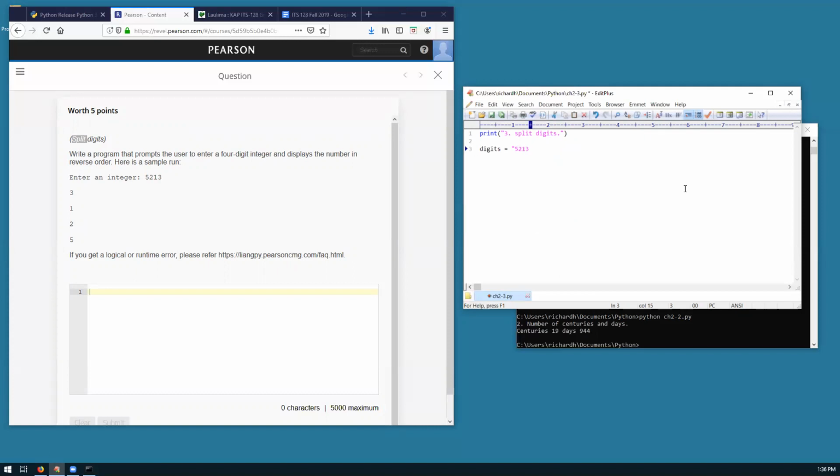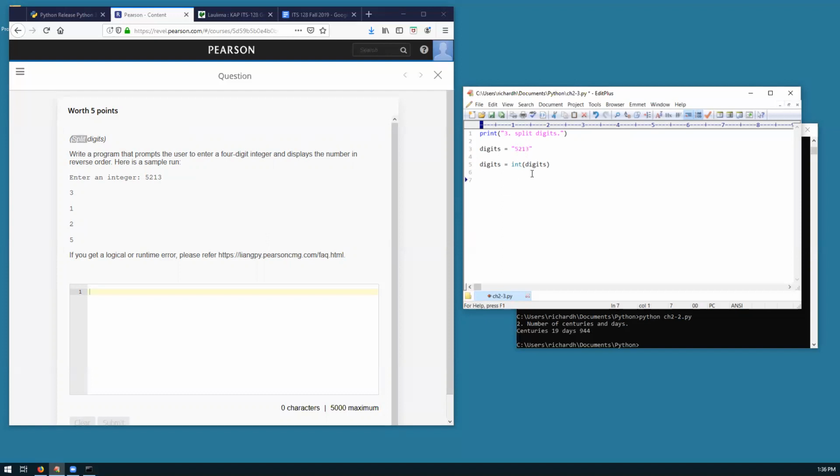That's how it looks when it comes in. And so I need to change that to a number. So I'm going to say digits equals int digits. That should work. And then if I just divide this by 10, it ends up being 521 with a remainder of 3, and 3 is the one I want.